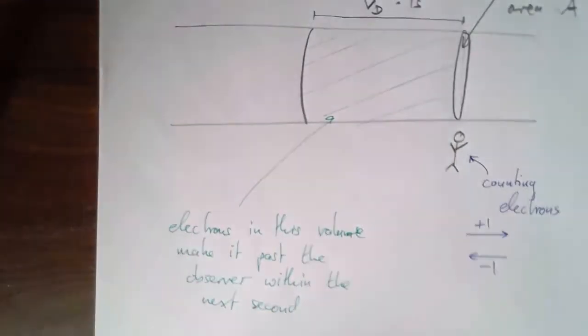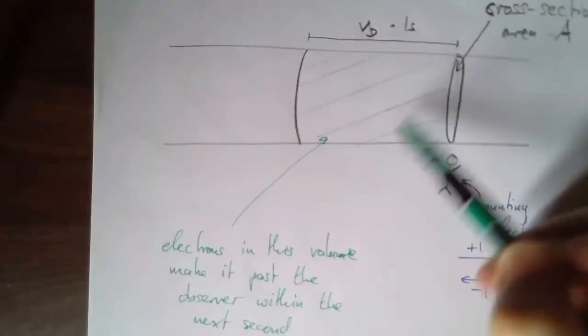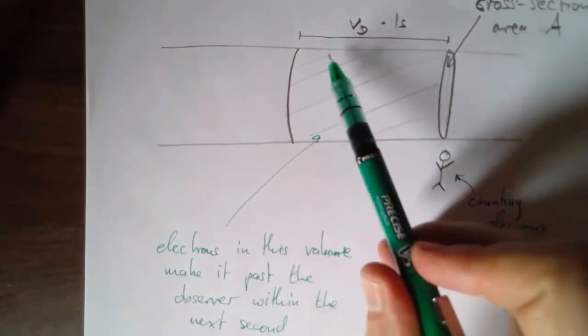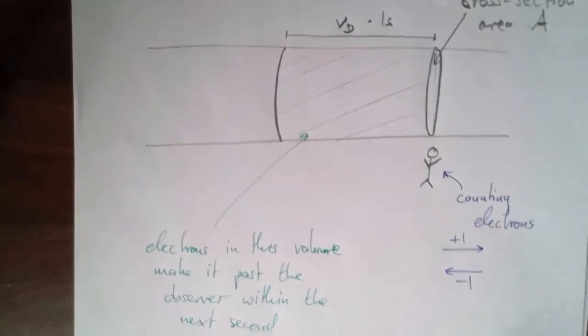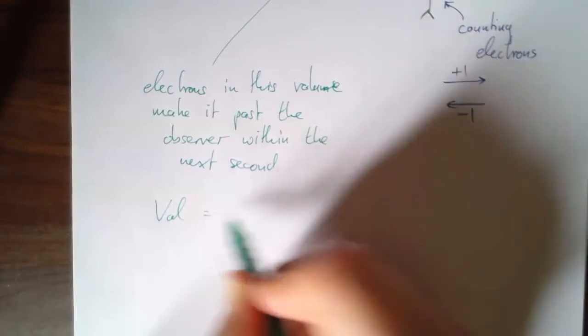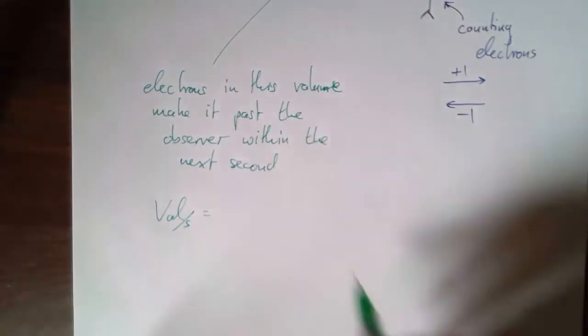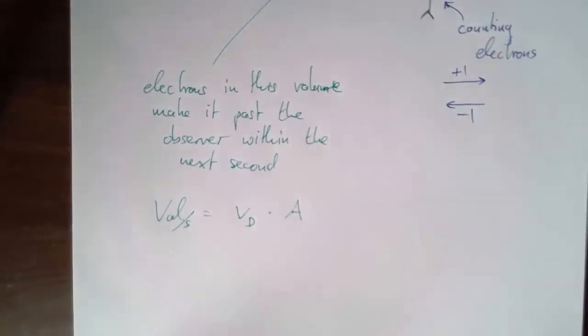Almost like we're doing a bit of fluid dynamics here. So what is the volume? Well, if this is a cylinder, but it could be some other shape of cross-section, doesn't matter, the volume of it is going to be the length times the area. So volume per second is going to be the drift speed times the cross-section of the wire.